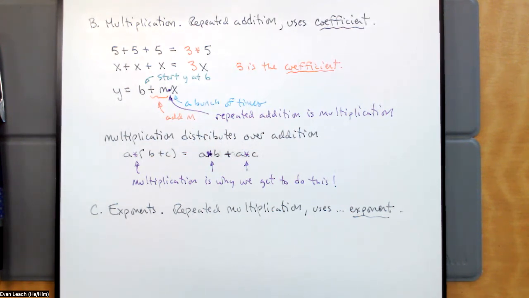It's not the parentheses that make the distribution happen. It's the fact that it's multiplication.